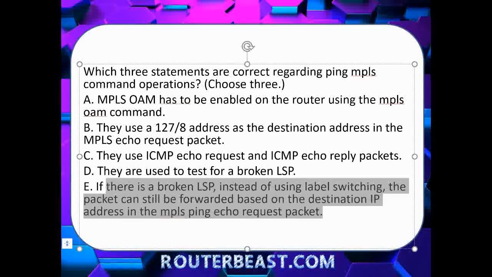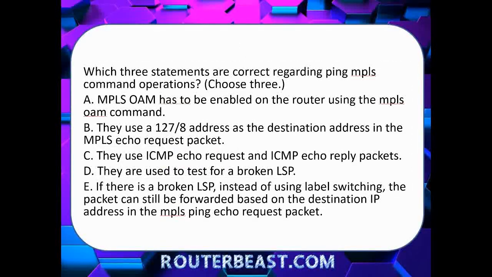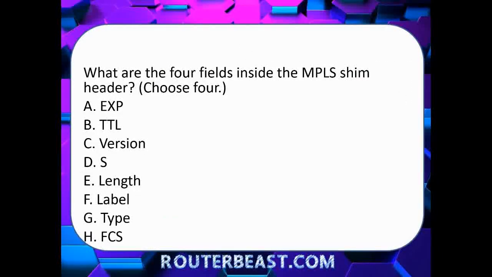That is not true. If the label switch path is broken, the packet cannot be forwarded; label switching is what we would have to use either way there. Okay, all right. So the answers here, of course, are A, B, and D. All right, so moving on.